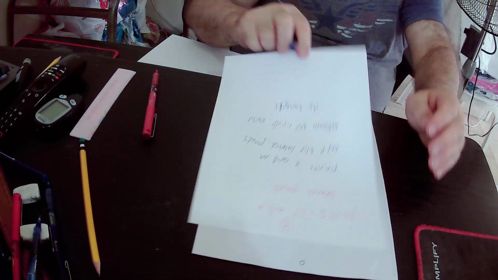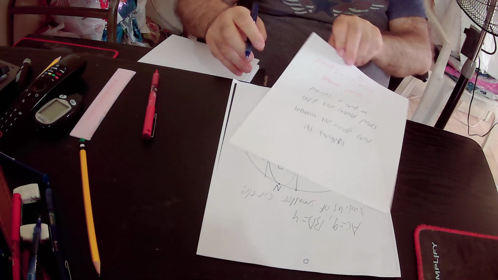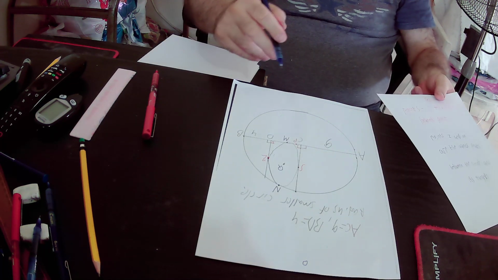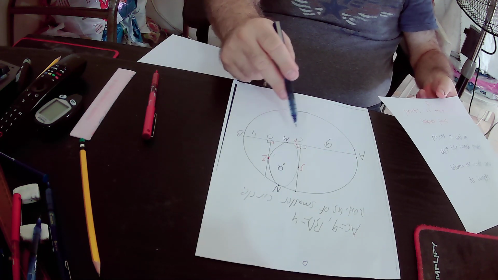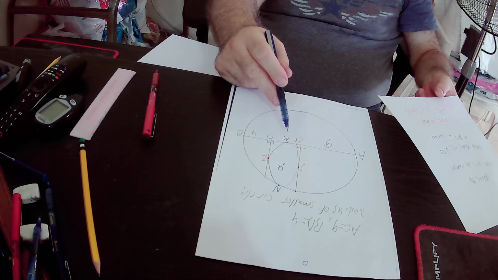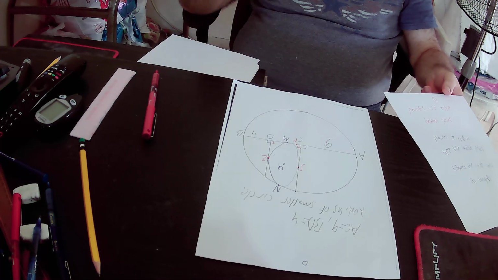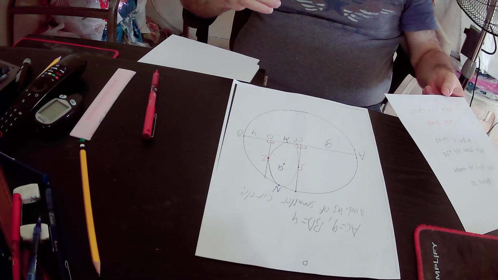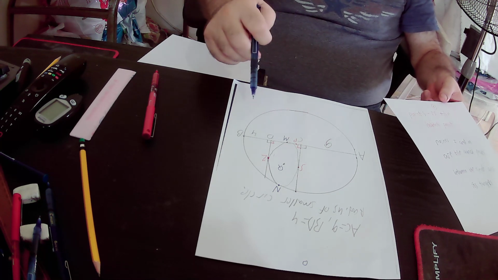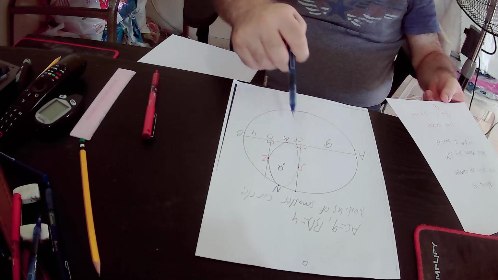Okay, actually points S, Z, and M, again points S, Z, and M are defined as launch points between the circle and its tangents.